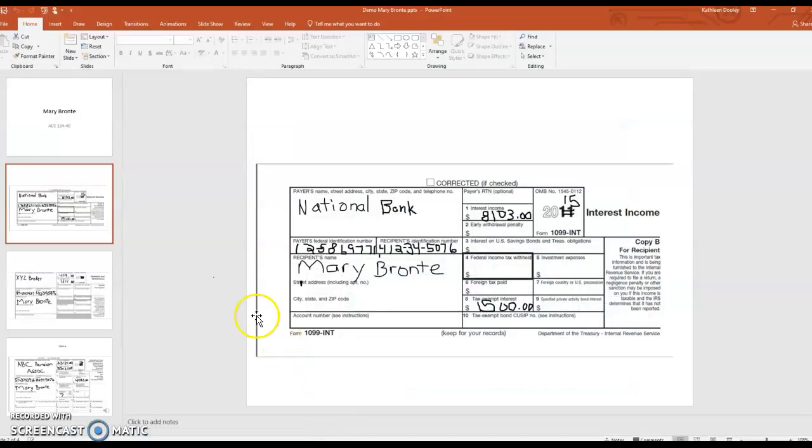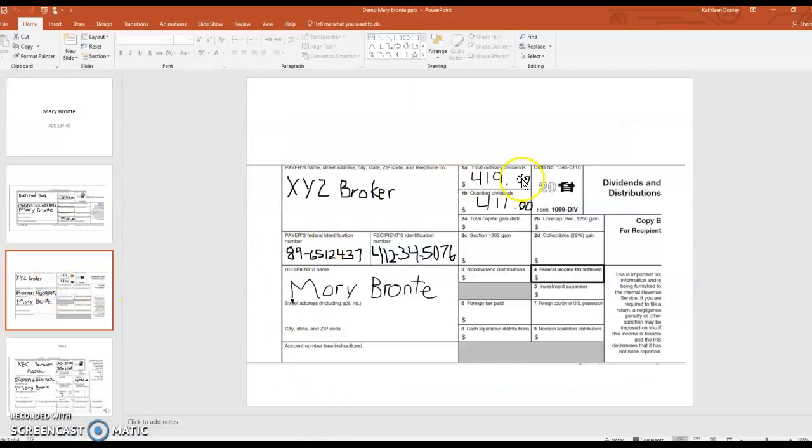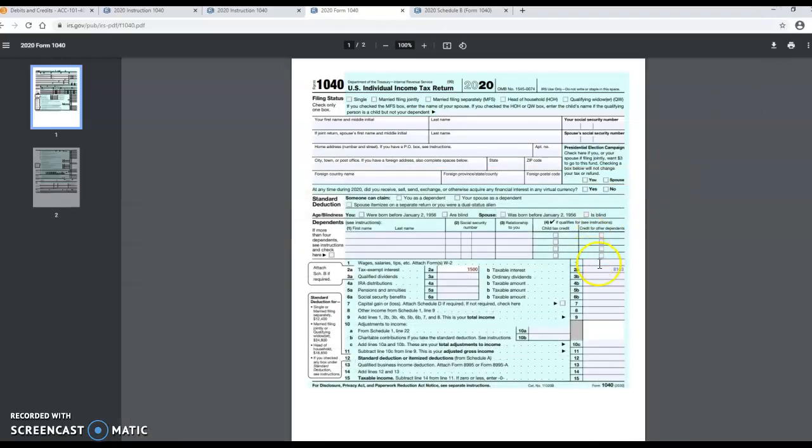And then she had the ordinary dividends of $419. So on line 3B where it says ordinary dividends, that's where that's going. Line 3A is the qualified dividends, and that was $411. This stuff over here on the left is not being added into the taxable income, only this stuff over here on the right.